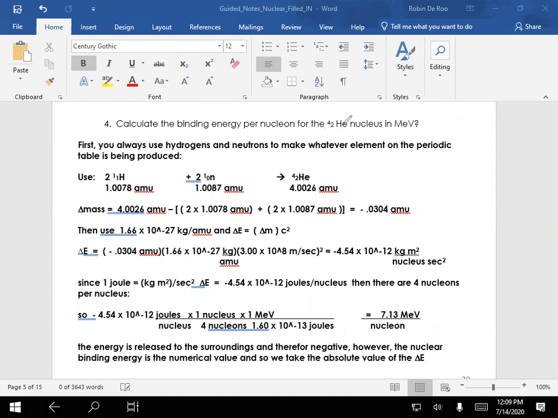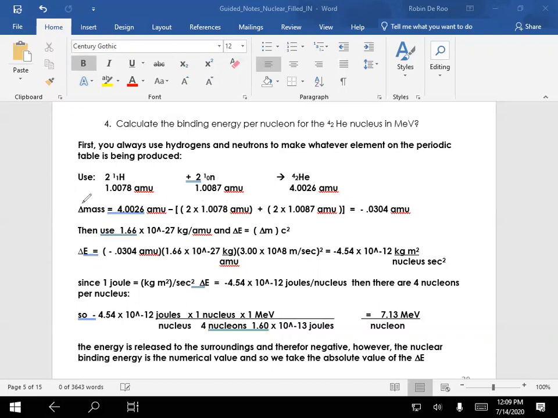You have to know that this is your product and that you will always make it from a hydrogen and from a neutron. So for our particular example, we have 2 neutrons and 2 hydrogens. And if you notice, these values are from the periodic table.